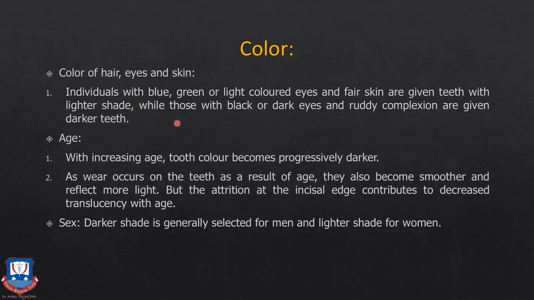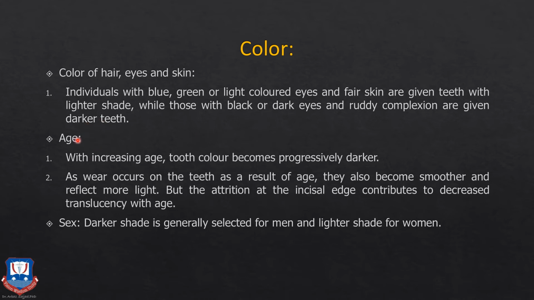So this is what is given in the text, but in my personal opinion, over the past 17 years that I have been working as a prosthodontist and prosthodontic specialist, I have generally seen that people with darker skin complexions, Black or Hispanic people, will generally have whiter teeth rather than darker teeth, and generally Europeans, North Americans, and Scandinavians will have a darker tooth shade like a C or D tooth shade.